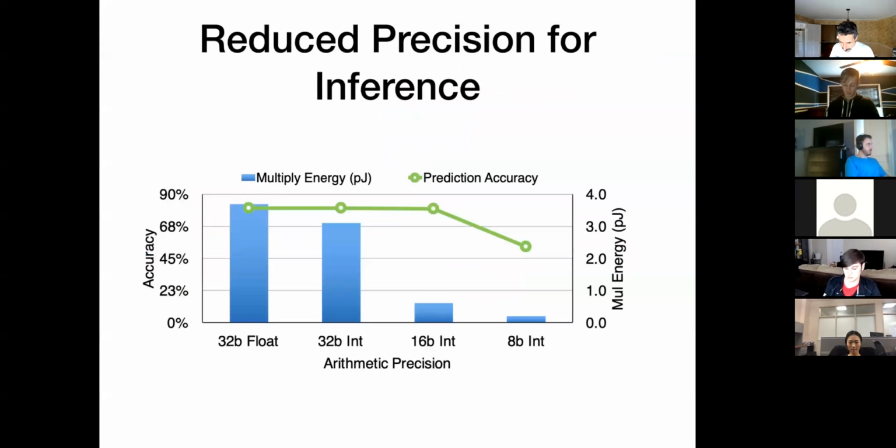So in terms of, again, here what you see on the x-axis, different arithmetic precision from 32-bit float, 32-bit integer, 16-bit integer, and 8-bit integer. The green one is showing the accuracy. This is showing the multiplication energy consumption in terms of picojoules, and obviously when you lose precision, you reduce the energy consumption.